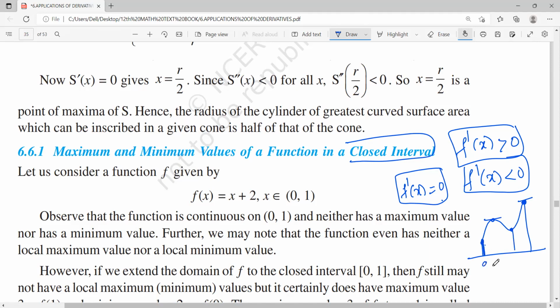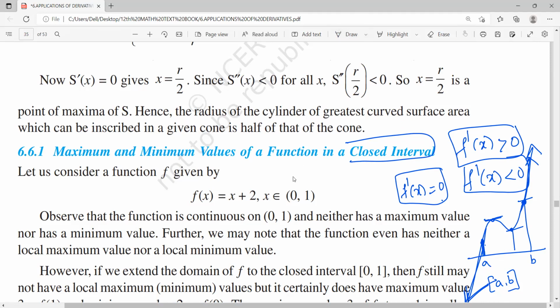But this is possible only when you have a closed interval. You can talk about absolute maximum and absolute minimum only in the closed interval. If it is an open interval, it will go like this and like this. You cannot speak about absolute maximum or absolute minimum. You can only speak about local maximum and local minimum. That's what closed interval means.